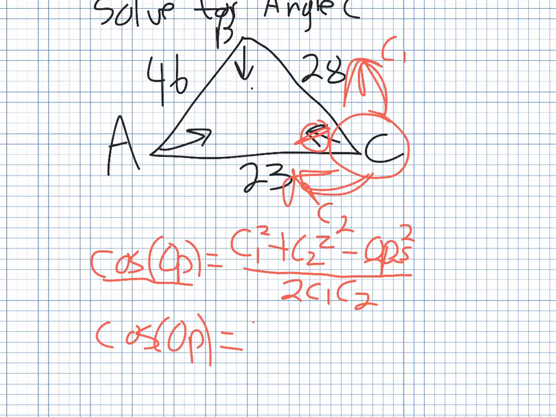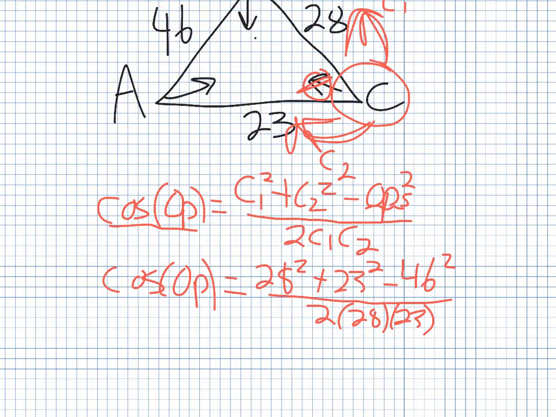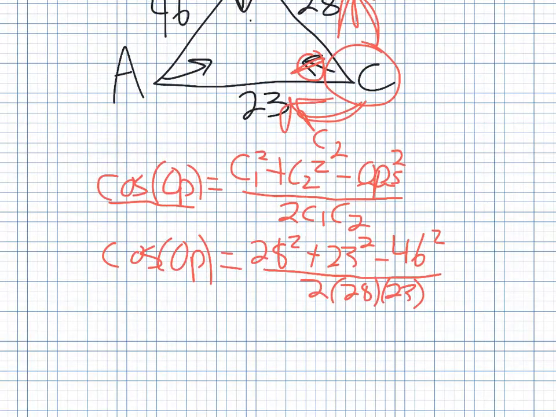So I'm going to have 28 squared plus 23 squared minus 46 squared, and that's all going to be divided by 2 times 28 times 23, which are the containing sides. The next thing you have to do, folks, is go to your calculator.